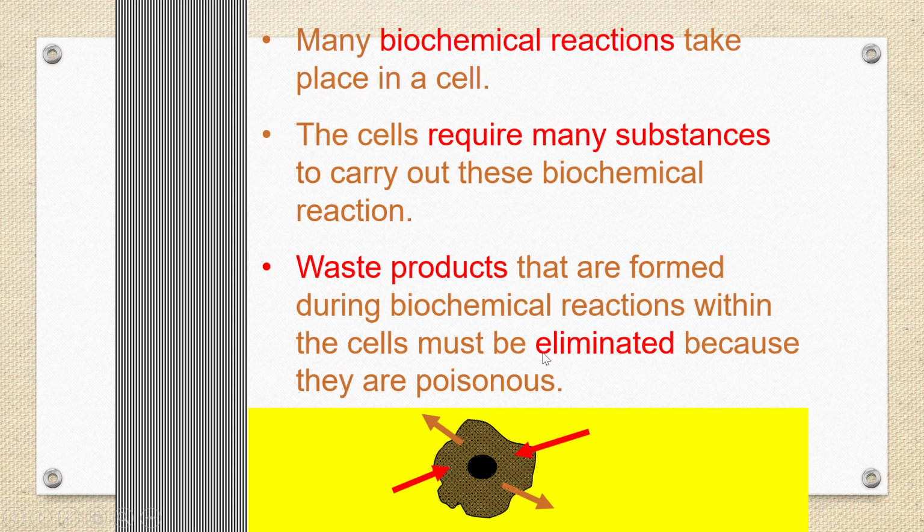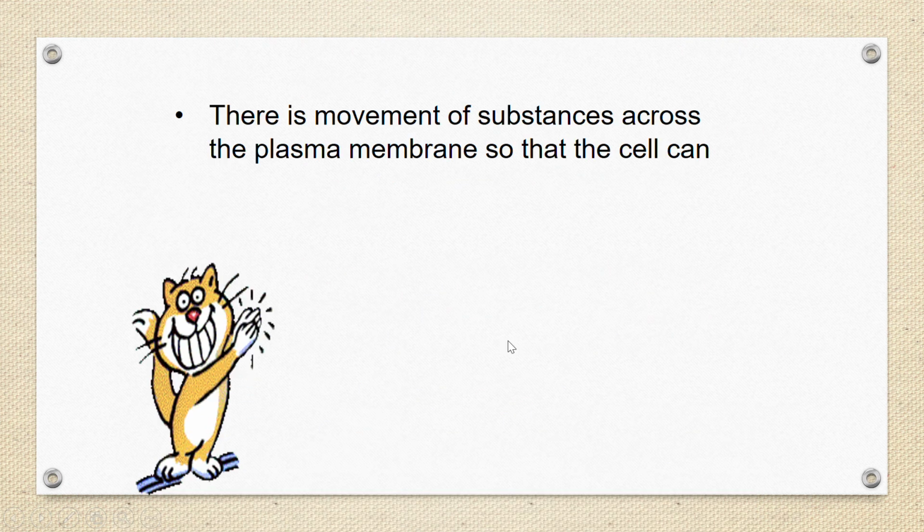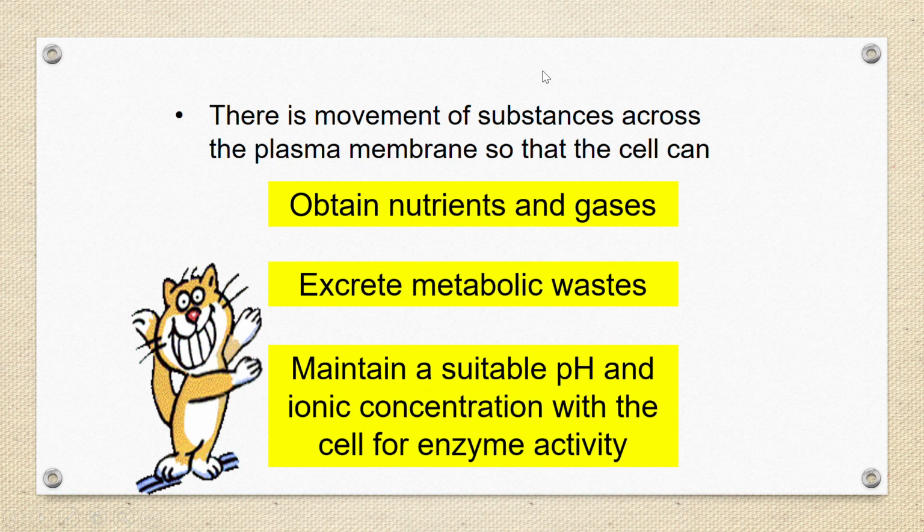They must be excreted or eliminated out. Otherwise, they are going to be toxic to the body. And therefore, these are the reasons why substances need to move across the plasma membrane in and out of the cell.